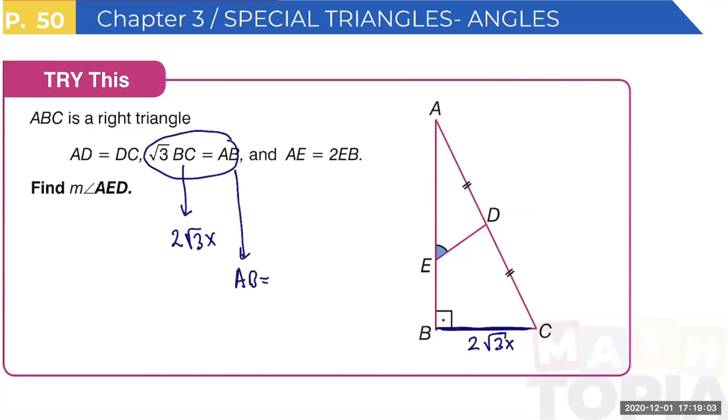AB becomes root 3 times 2 root 3x, which is 2 times 3 times x, which is 6x. So whole AB becomes 6x.